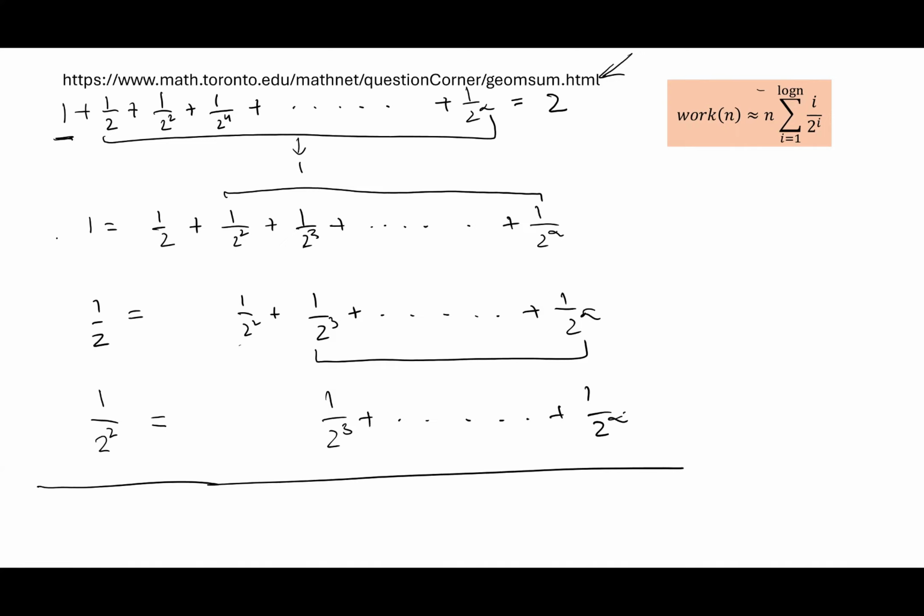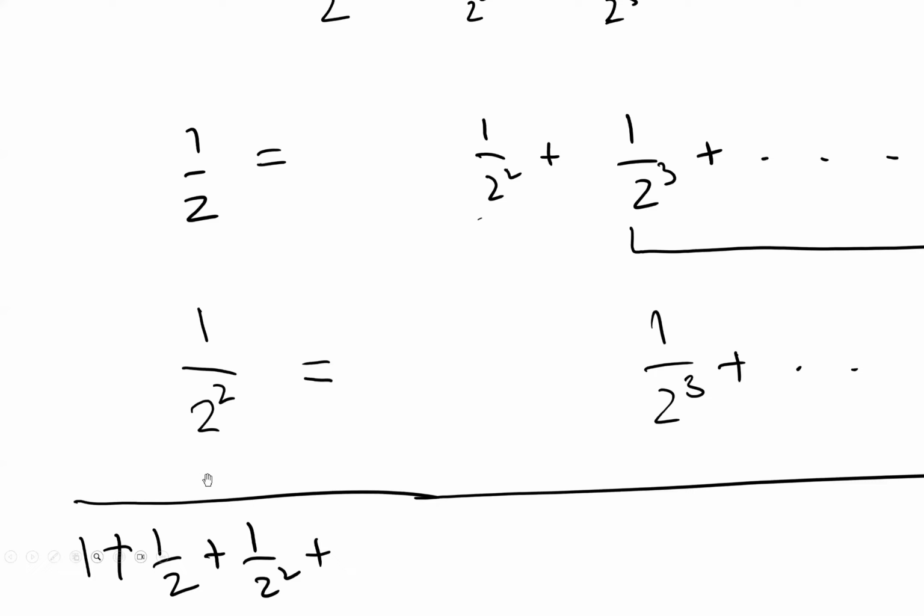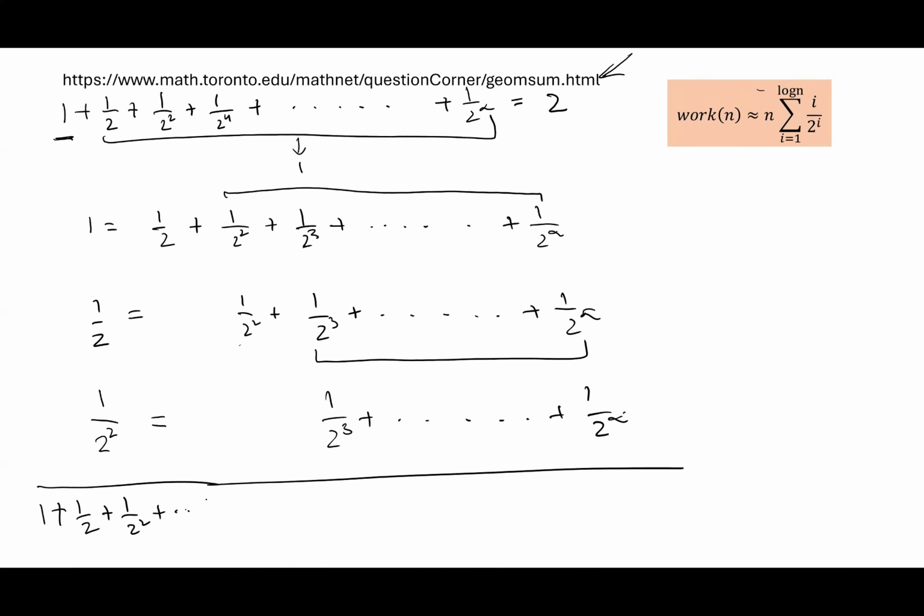If I add this portion, it will be 1 plus half plus 1/2 square. Equals, let's see, half plus 2 of these, plus 3 of these, right? Yes.